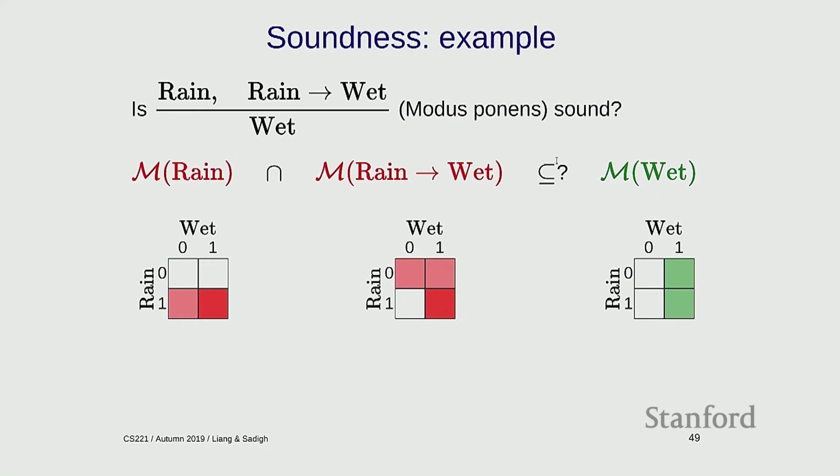And I have to check whether that is a subset of the models of wet. And wet is over here. So this 1,1 corner is a subset of 1,1 and 0,1. So this rule is sound. Remember this, why is this subset the thing I want to check? Because that's just the definition of entailment, right?